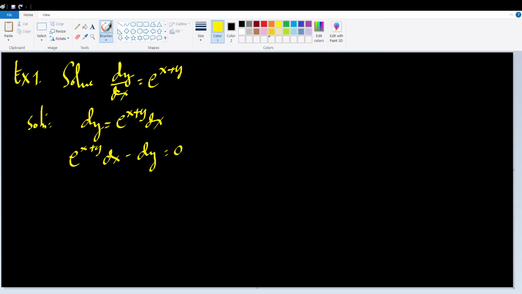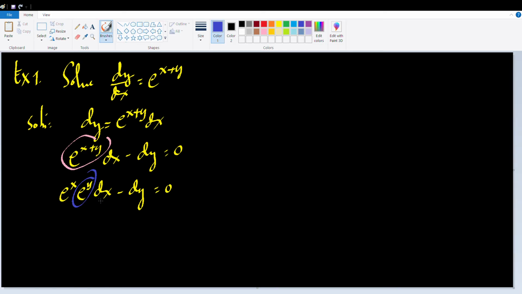What do we see here? e raised to x plus y, and there's a way of separating the x and the y. That is equivalent to e raised to x times e raised to y dx minus dy equal to 0. So we can see that e^y is an unwanted coefficient of dx.